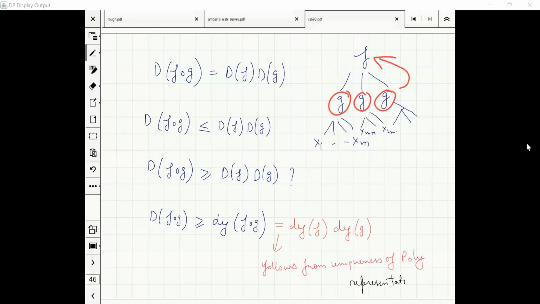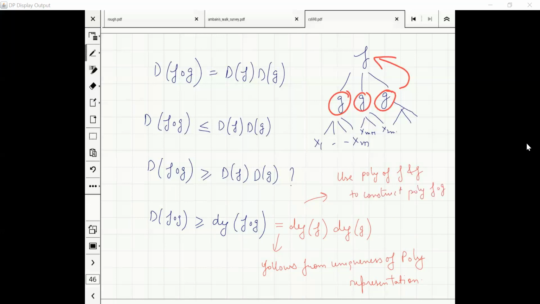Once more, what is the argument for this inequality? First, you use polynomial representation of f and g to construct a polynomial for f composed with g, and you will see that the degree multiplies. This is the easy part.